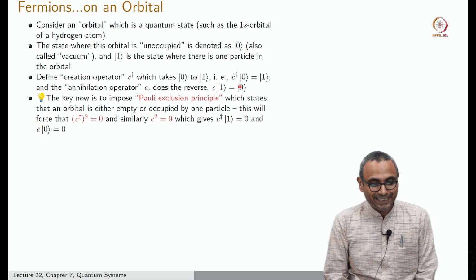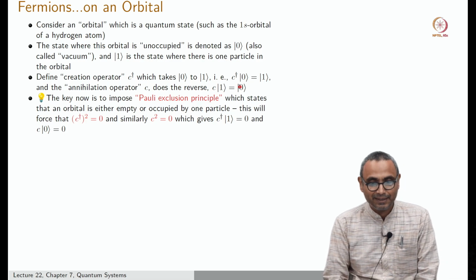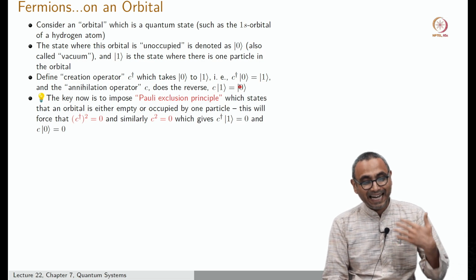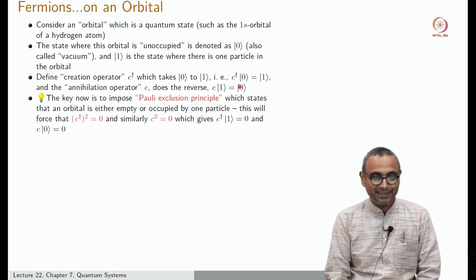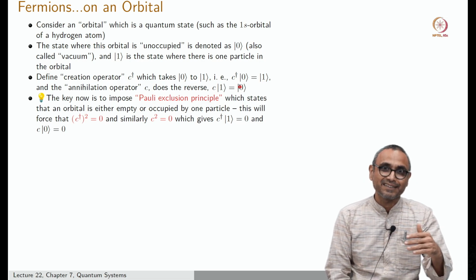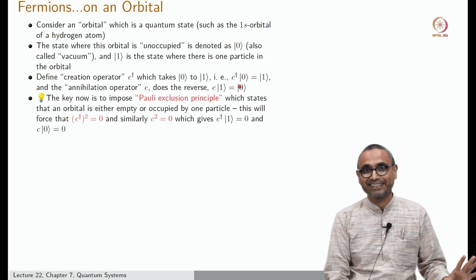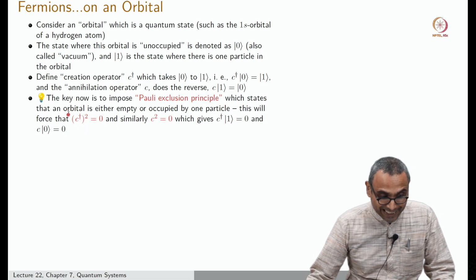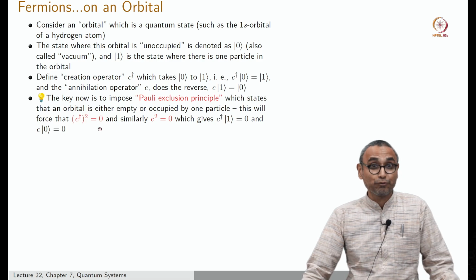Now comes the question, how do we impose the Pauli exclusion principle? The Pauli exclusion principle states that an orbital is either empty or occupied by a single particle. That means if I try to create two particles, such a state must go to the 0 of the Hilbert space, which means it's not an allowed state. So I have to ensure that C dagger squared must be 0. I have to enforce this as a condition.